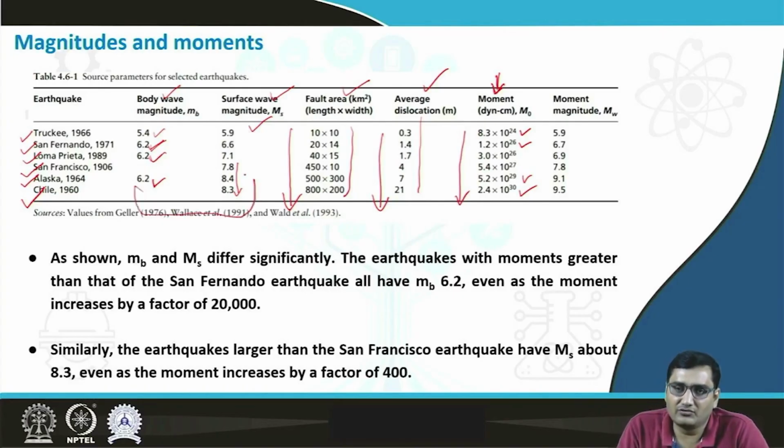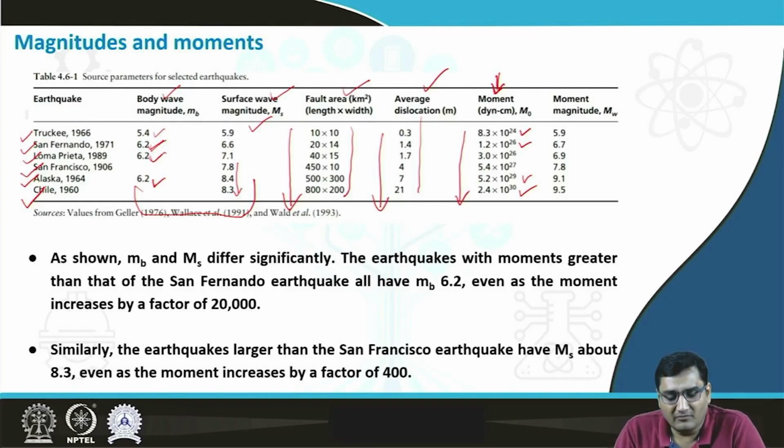We will soon understand in the next lecture how the magnitude saturation occurs and what are the possible reasons because of which the body wave and surface wave magnitude scales saturate. Given these problems, there was a need to devise a magnitude scale which can better represent the correct values of earthquake magnitudes.